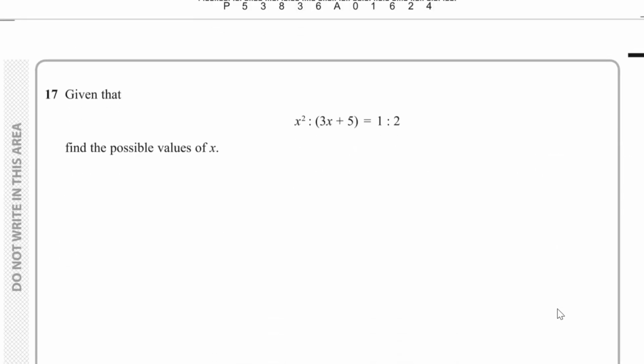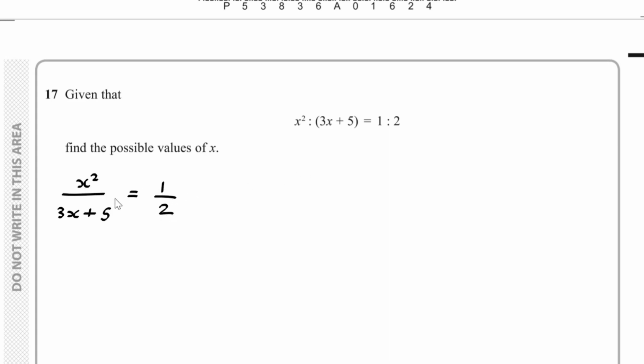Question 17, given that the ratio of x squared to 3x plus 5 is equal to 1 to 2, we have to find the possible values of x. Well, over here, if we express this as a fraction, x squared over 3x plus 5, that's equal to 1 over 2.